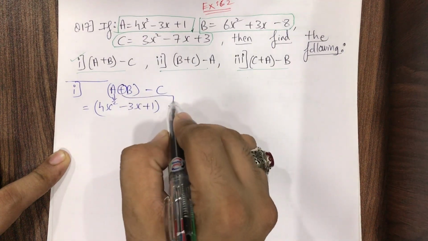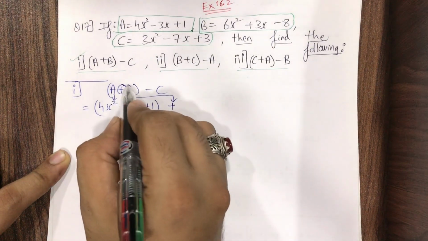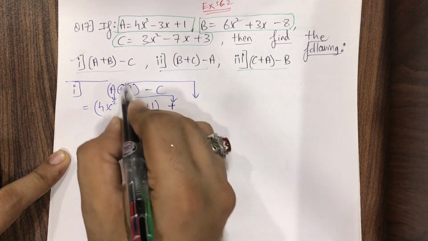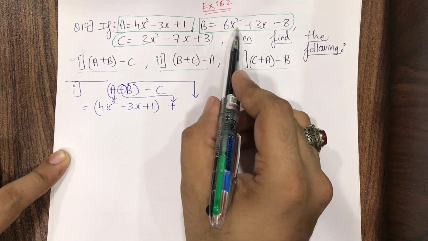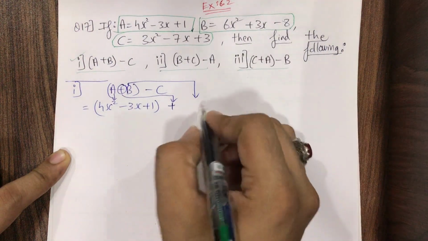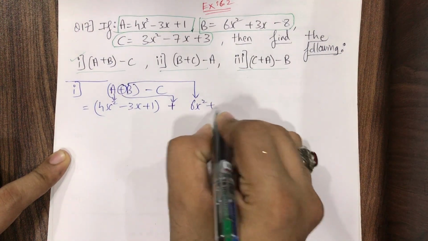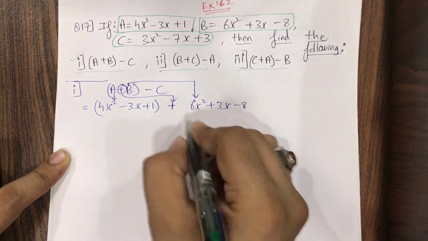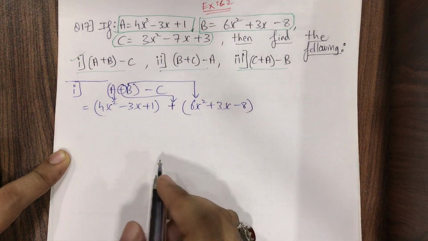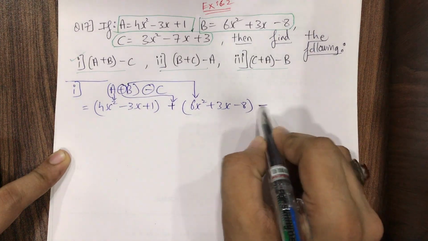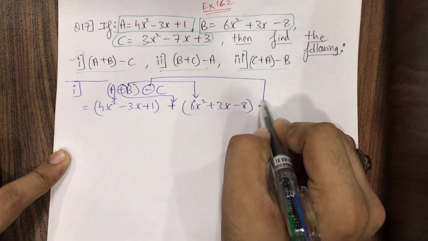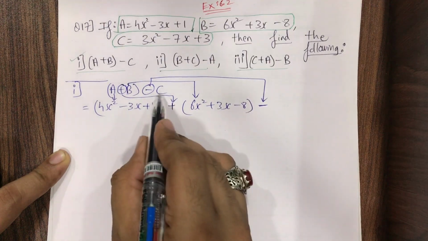This plus is copied as it is over here, and now I'm writing the value of B. What's the value of B, students? Value of B is 6x square plus 3x minus 8, as it is. Then minus C, because I have minus here, so I'm writing the minus sign here.